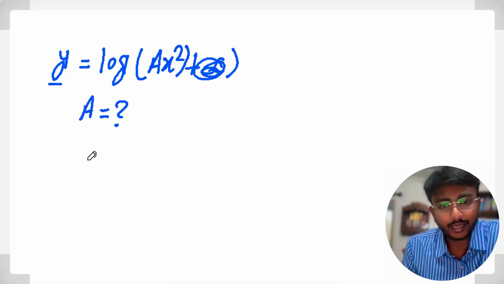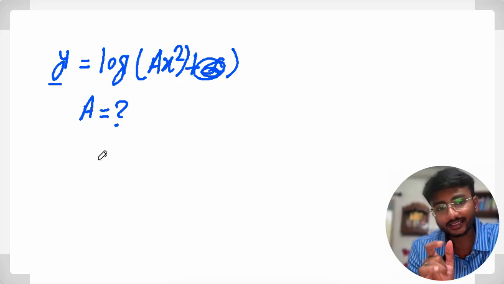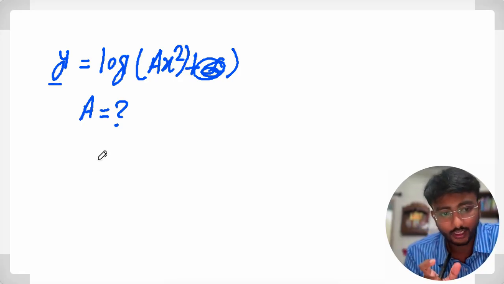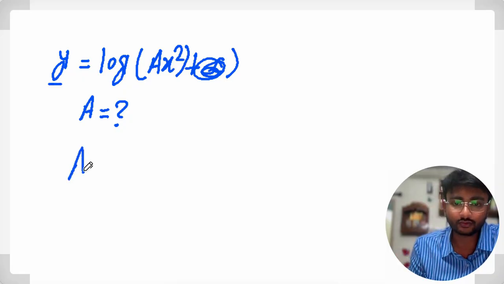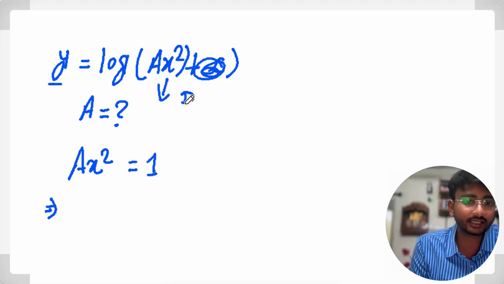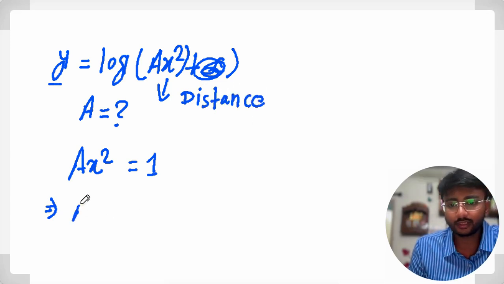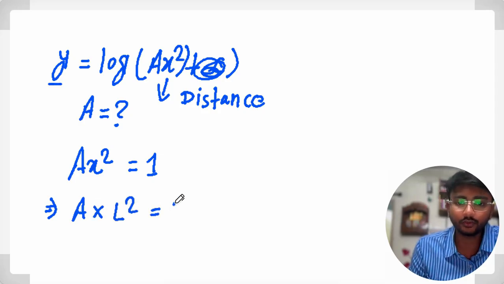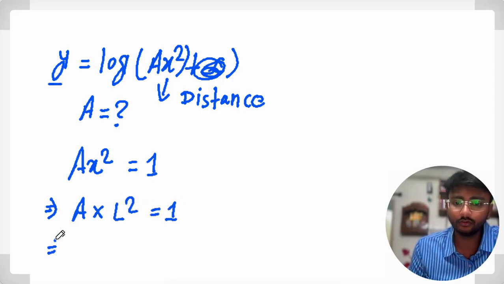So I told you earlier that the dimension of anything which is inside of any log function will be dimensionless. That means ax square equal to 1, right? And here x is what? X is distance. So from here you can write it as a into l square equal to 1.